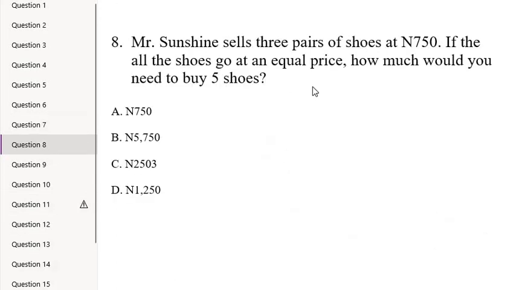Alright, question 8. Mr. Sunshine sells 3 pairs of shoes at 750 naira. So 3 pairs equals 750 naira.